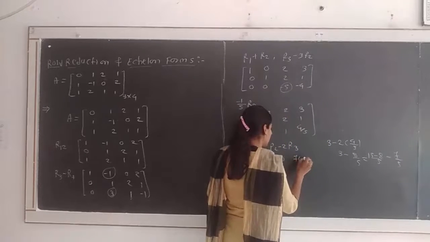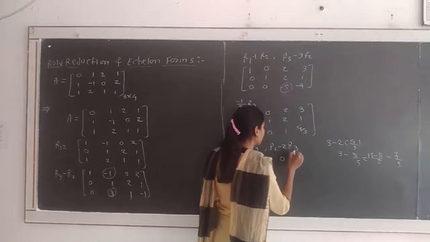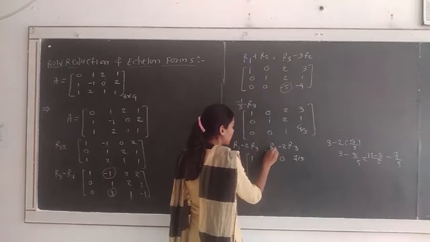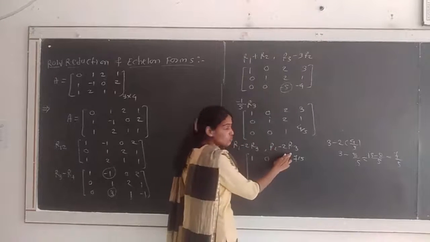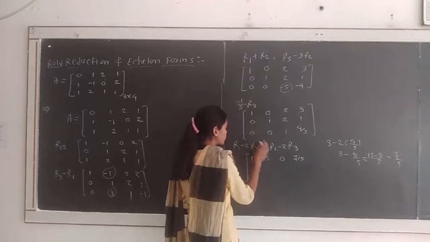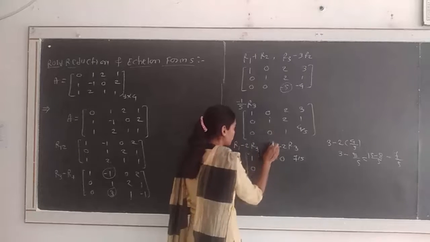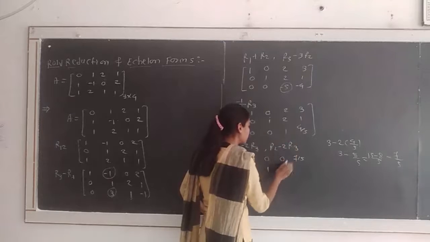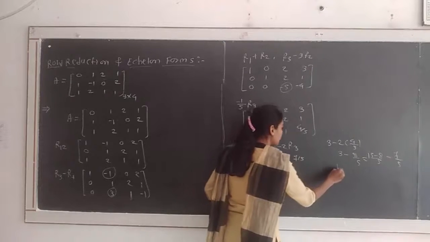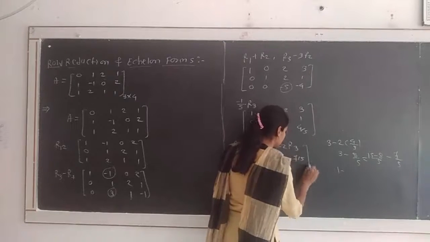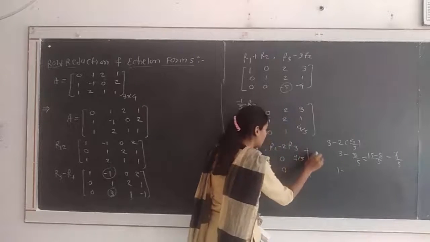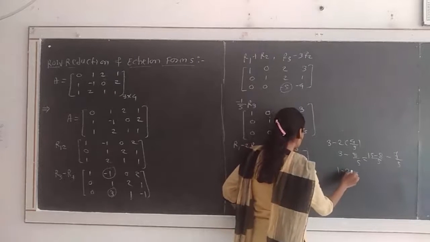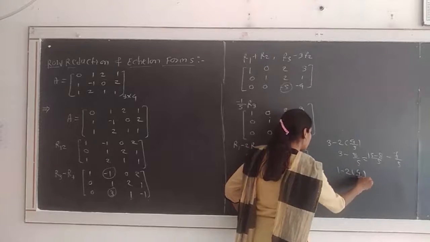So here we get 7 divided by 5. Then applying the row operation R2 minus 2 R3: 0 minus 2 into 0 will be 0, then 1 minus 2 into 0 we get 1, then 2 minus 2 into 1 we get 0, and the last entry 1 minus 2 into 4 divided by 5.